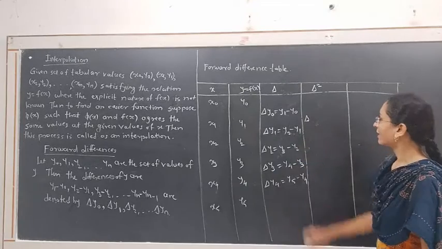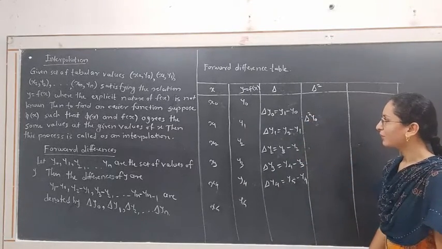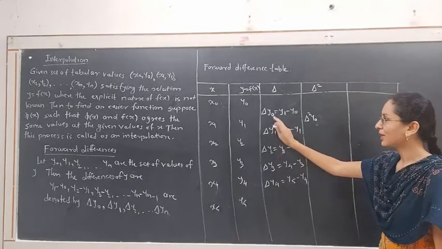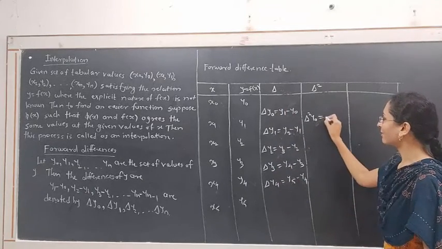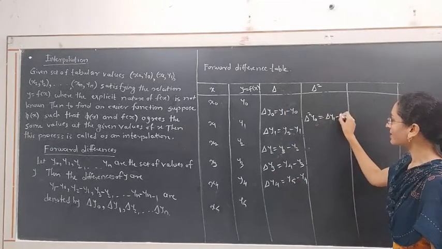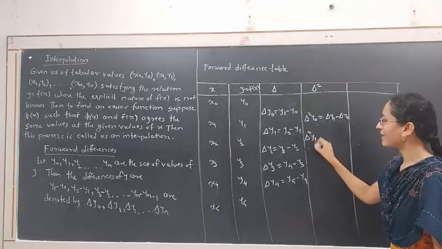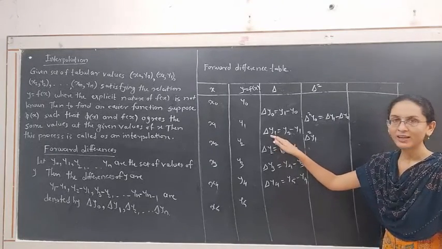In the next column we get second order differences, del square. Initially we get del square y0, which is the difference of del y1 and del y0. These two values are obtained in the just previous column. This is equal to del y1 minus del y0. Similarly, del square y1 is obtained by taking the difference of del y2 and del y1.